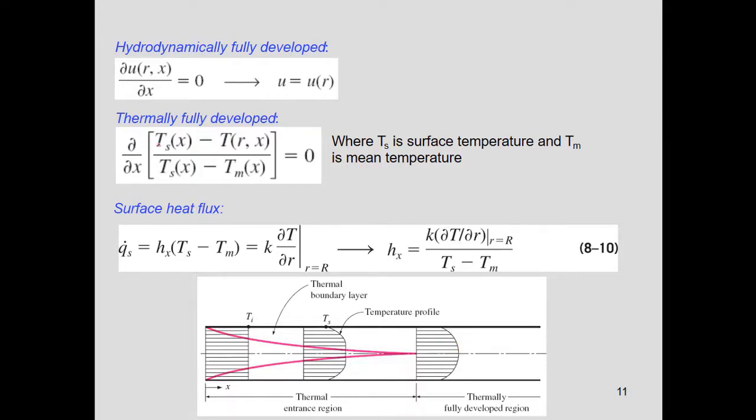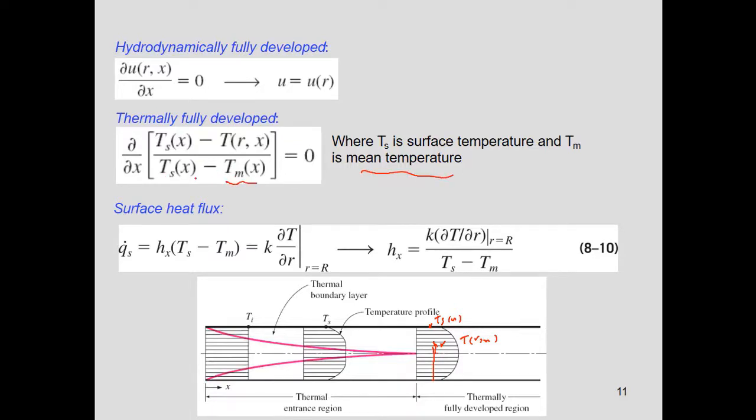In other words, Ts(x) minus T(r,x), the temperature of the surface minus the temperature at r and x, divided by Ts(x) minus Tm(x), where Tm is the mean temperature.